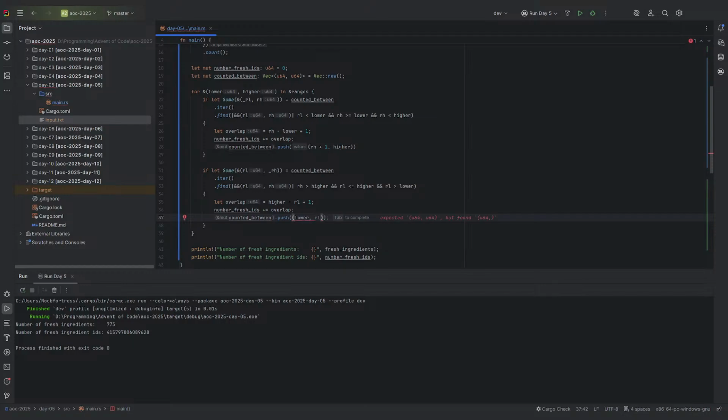I need to go from my lower bound up to the overlap part, so that will be this thing's lower bound. Why did I do +1 there? To make sure it's not inclusive means I need to do -1 here. This might work actually.